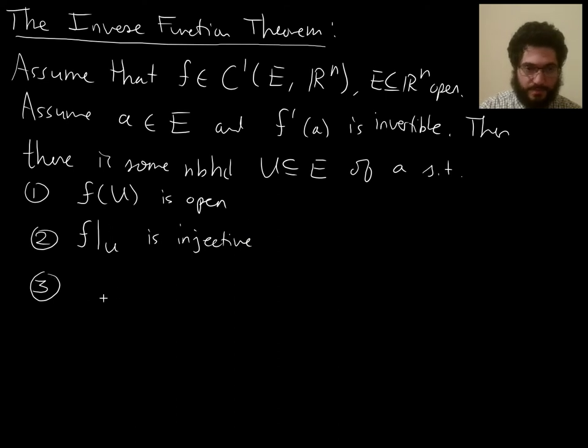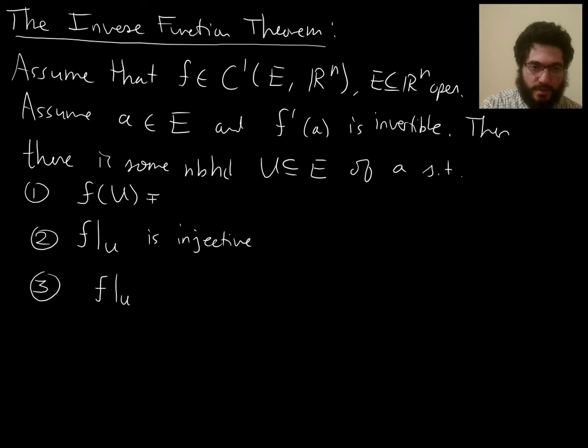And finally, if you restrict f to U, then by 2 and 1, that's a bijection from the open set U to the open set f of U. Here we usually give this one a name.